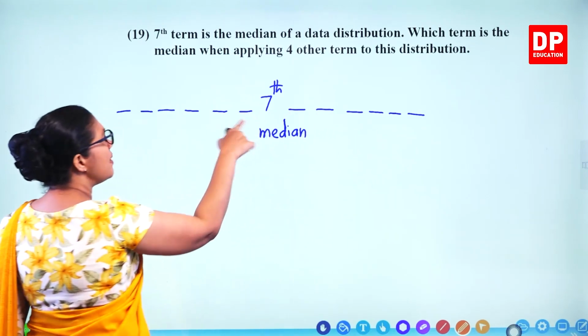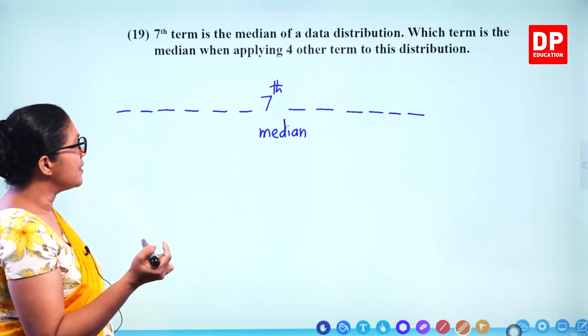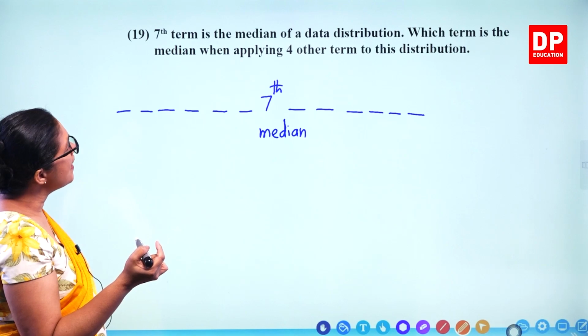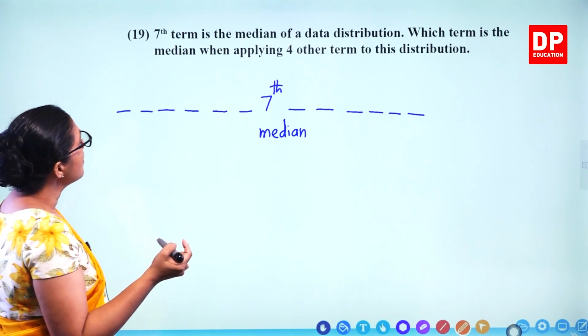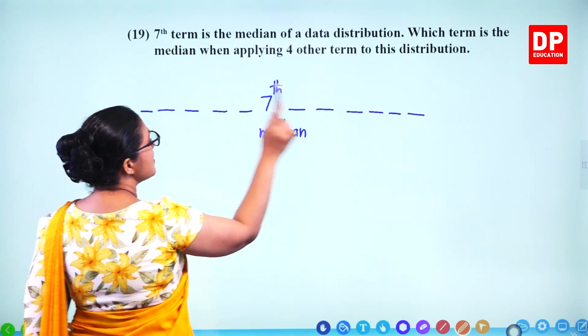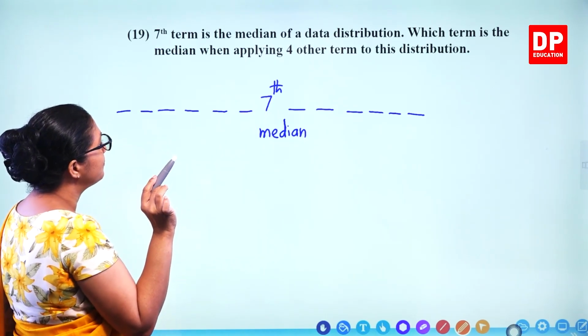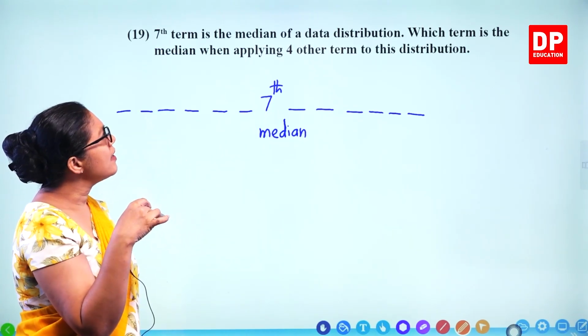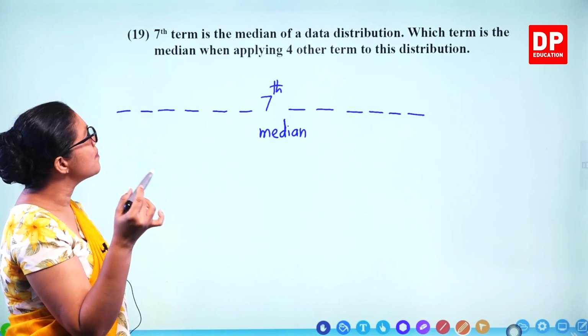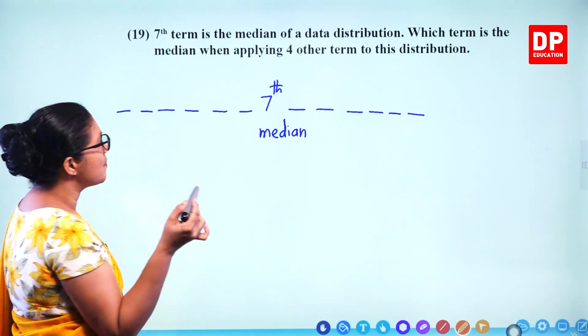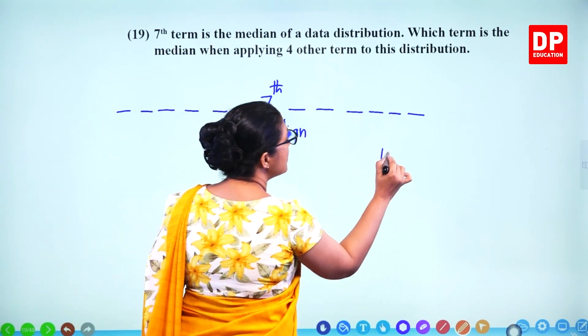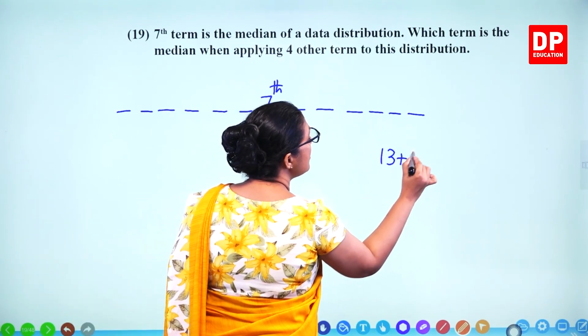So that's the middle number. So how many data points are there? 6 and 6, 12. So 13 numbers are there. Then you are adding 4 other terms. So now 13 plus 4.